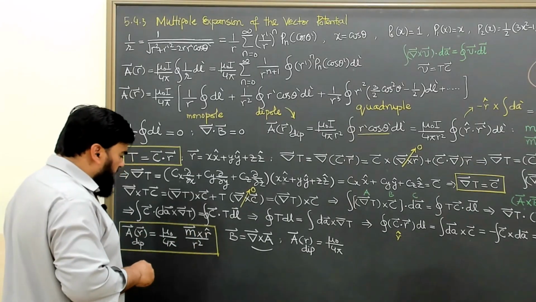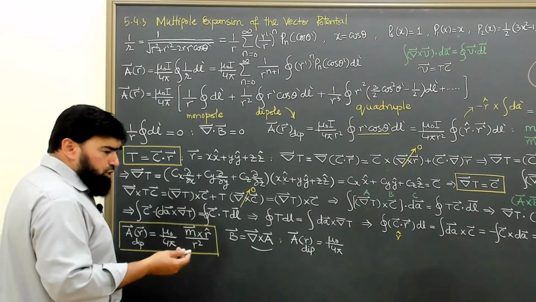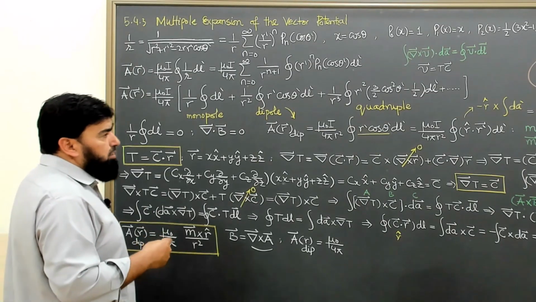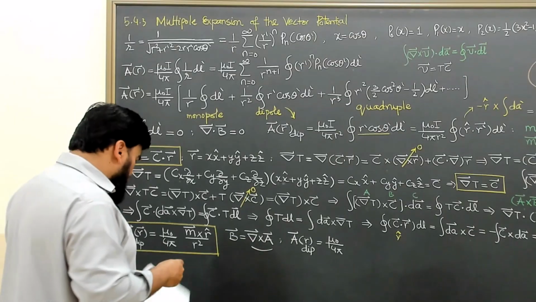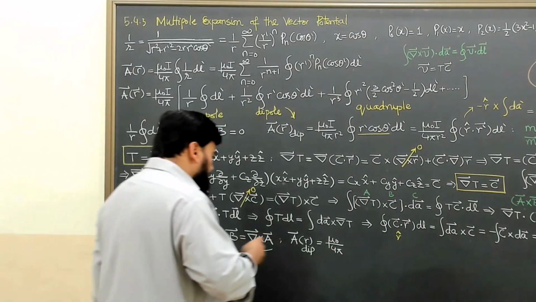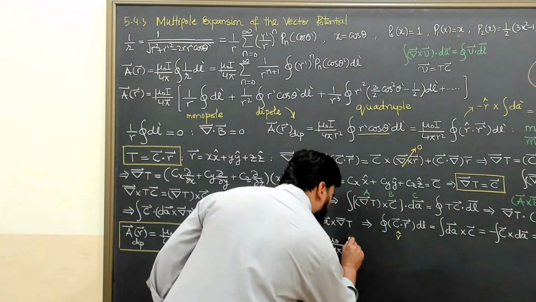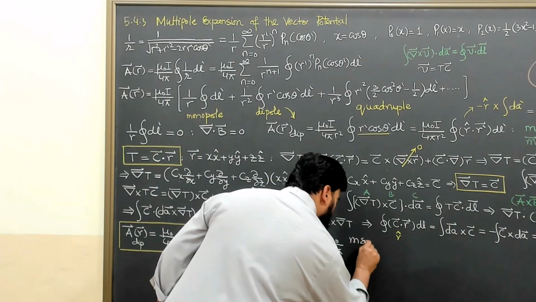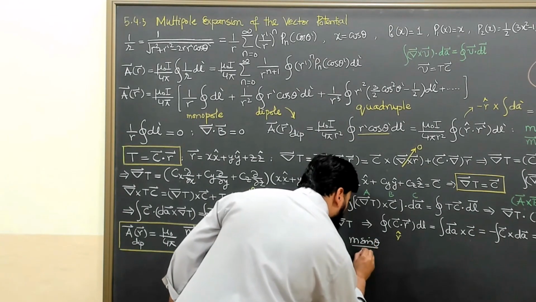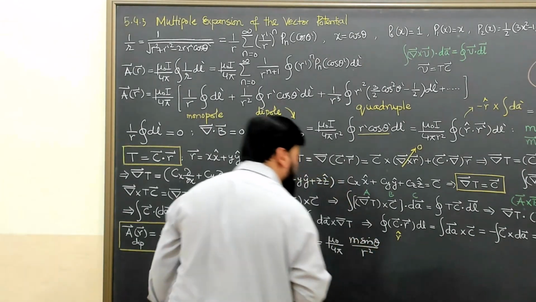The magnitude will be m, the magnitude of the r unit vector, and the sine of the angle between the two, let's say theta. So we have m sine theta over r squared.